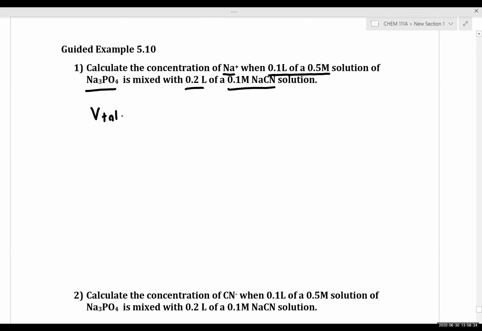So the total volume is pretty easy to calculate. We just add up the volume of each of our solutions, which is 0.2 plus 0.1, which gives us 0.3 liters.